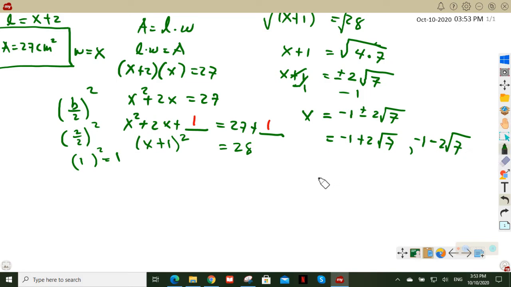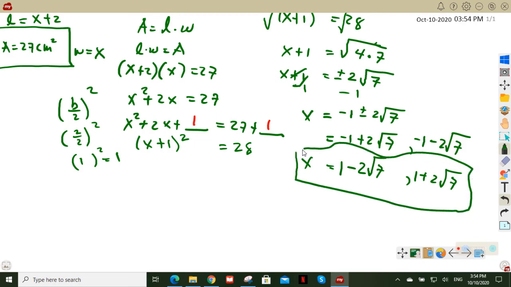I'll just change to the opposite: to make the negative positive, I'll multiply it by negative. So that's positive 1. Then I have to do it for all terms, not only here. So this is now minus 2 square root of 7. And the other one, I'll change that also to plus 2 square root of 7. So these are the values of your x's.